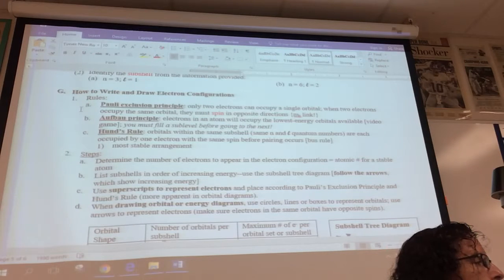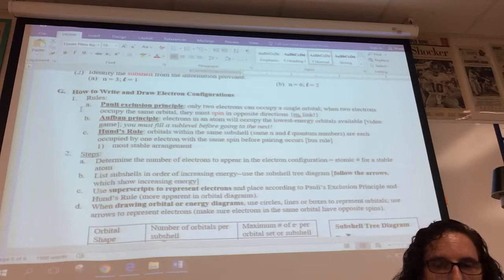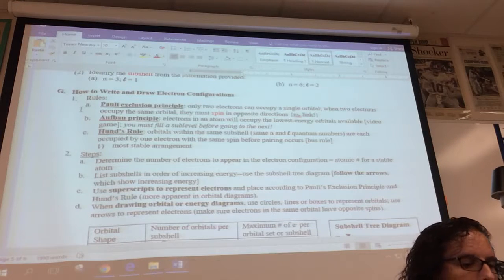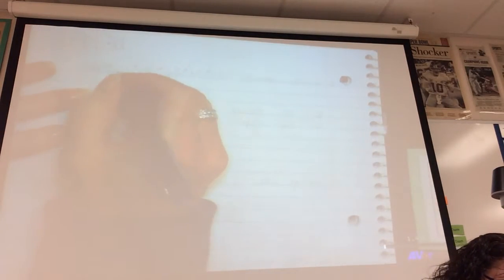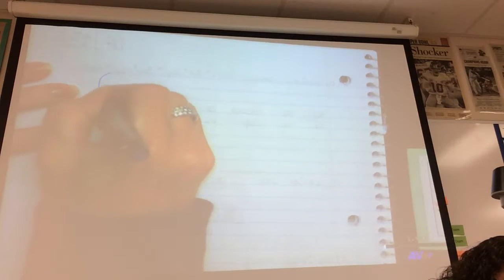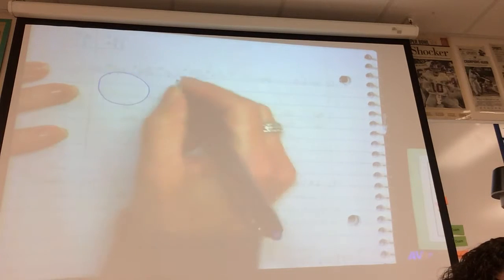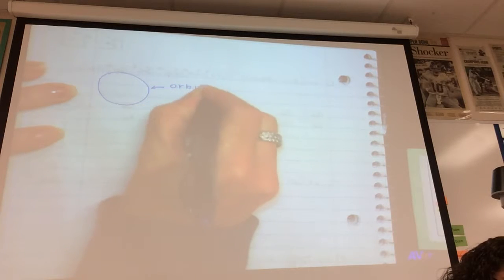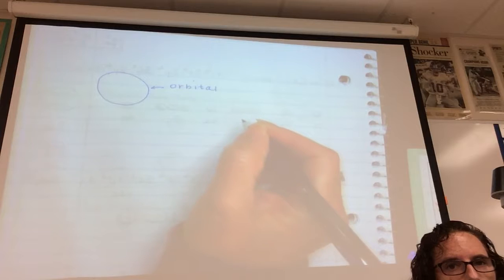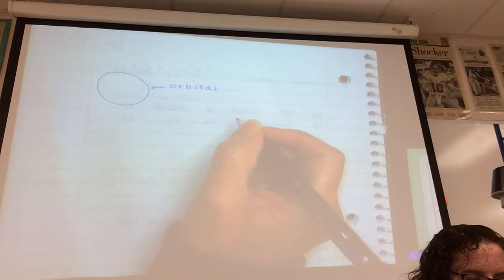In each orbital, you can only have 2 electrons, and if there are 2 electrons in that orbital, those electrons must spin in opposite directions. So for example, and this will become clearer in about 10-15 minutes, if this circle represents an orbital, within each orbital you can have a maximum of 2 electrons.